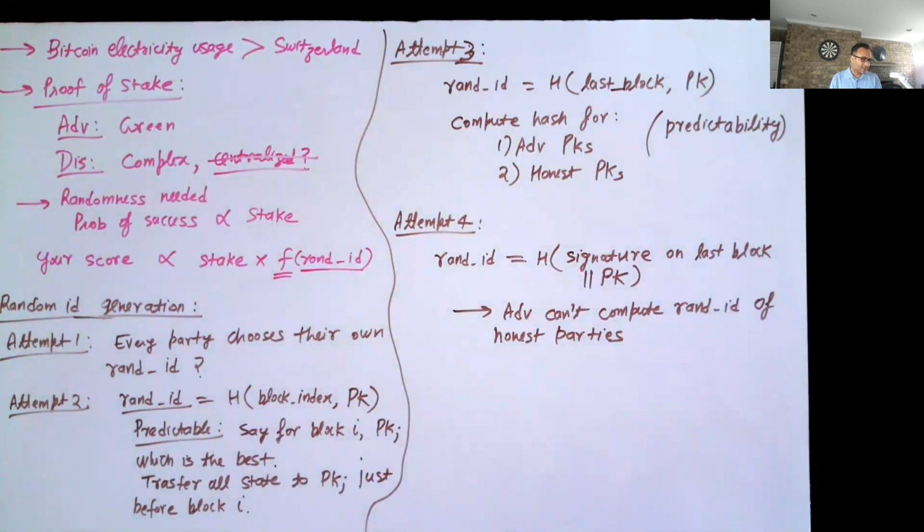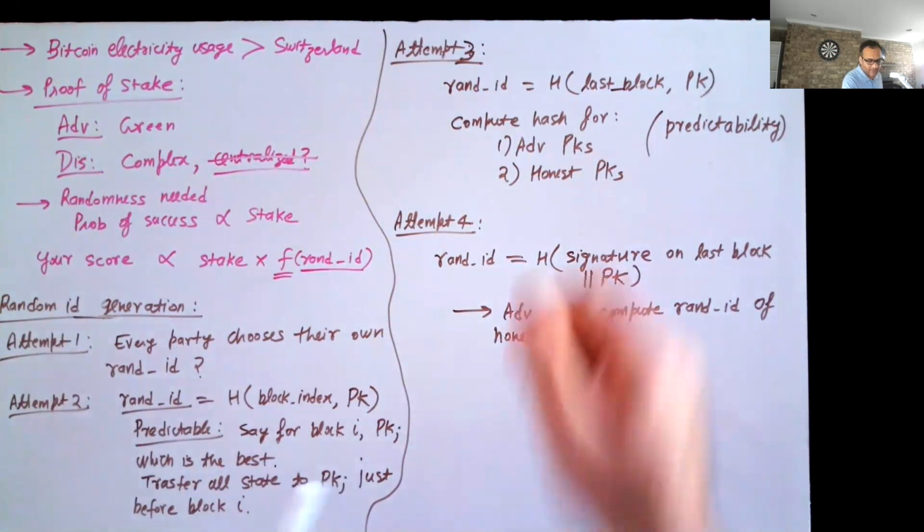And the way that attack is dealt with is that there's actually a committee which decides the last block. There's not a single individual which picks the last block. So there are many questions here. We are oversimplifying things quite a bit.